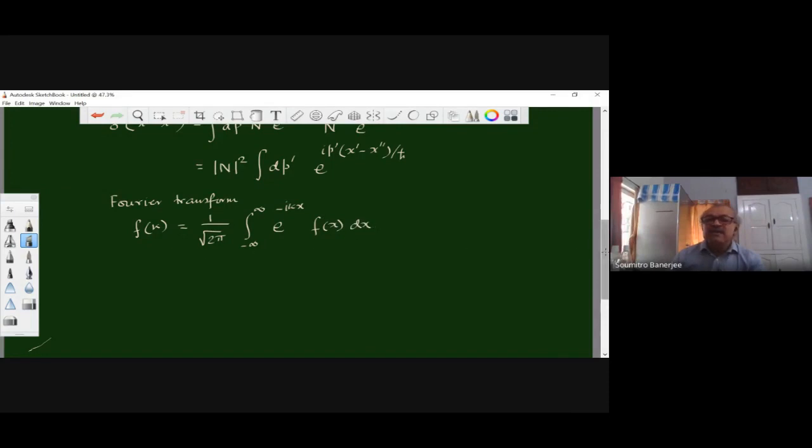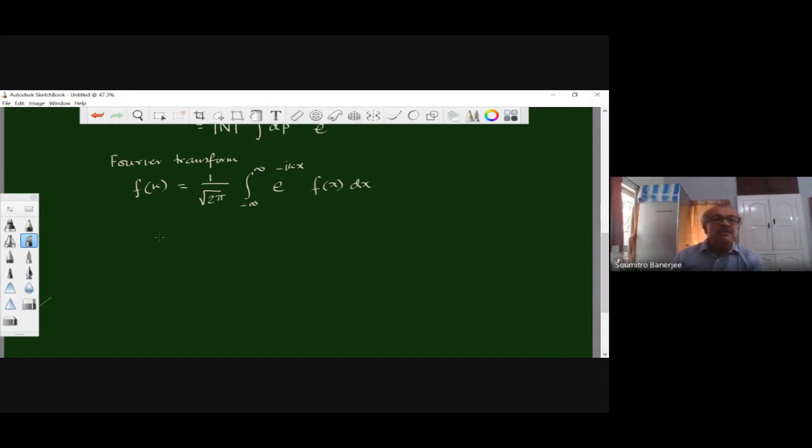And the inverse transform is f x prime is equal to 1 by root 2 pi, minus infinity to infinity, e to the power I k x prime, f of k dk.